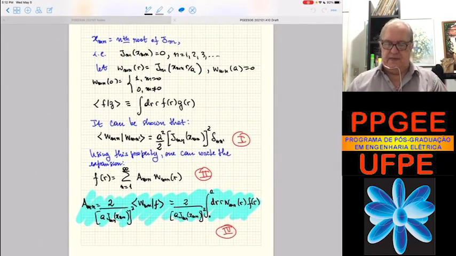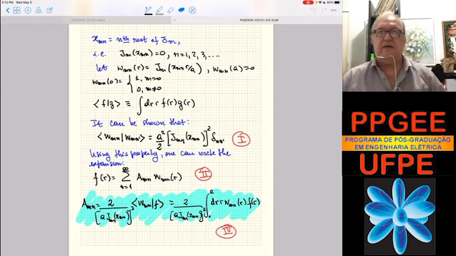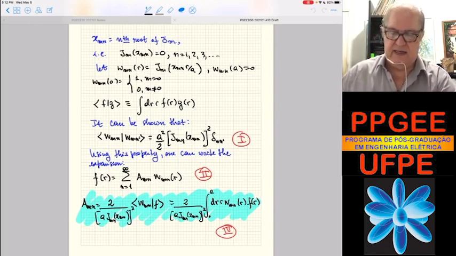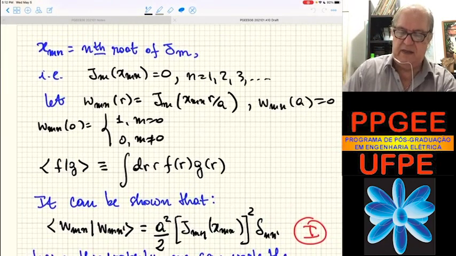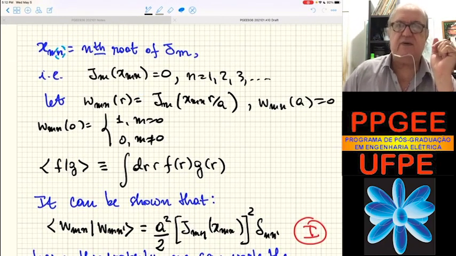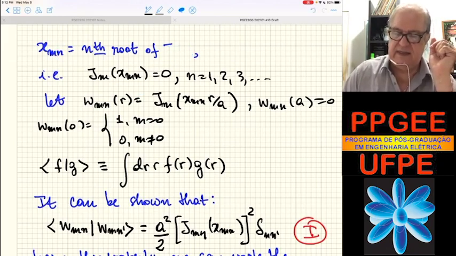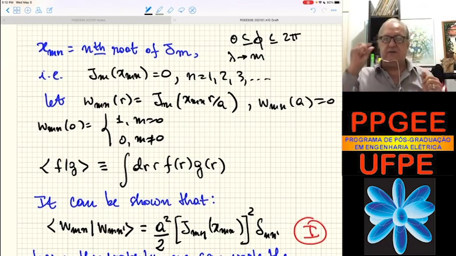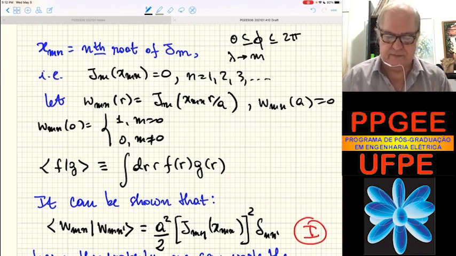So, let's talk about the roots, which are very important in building orthogonal functions. If you look at the nth root of Jm, let's label it like that: n is the second index, m is the first one. Let's assume that we have the whole domain, 0 smaller than phi smaller than 2 pi. So lambda is an integer. You're going to have two independent functions, J and Y, but J is the well-behaved one.